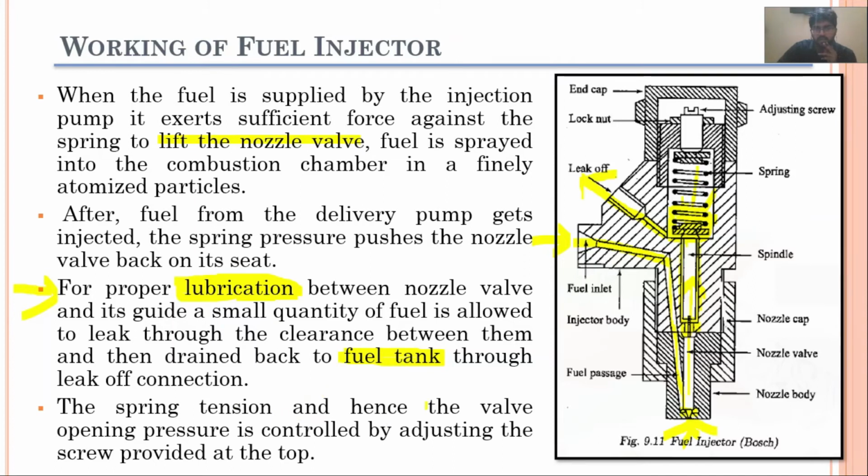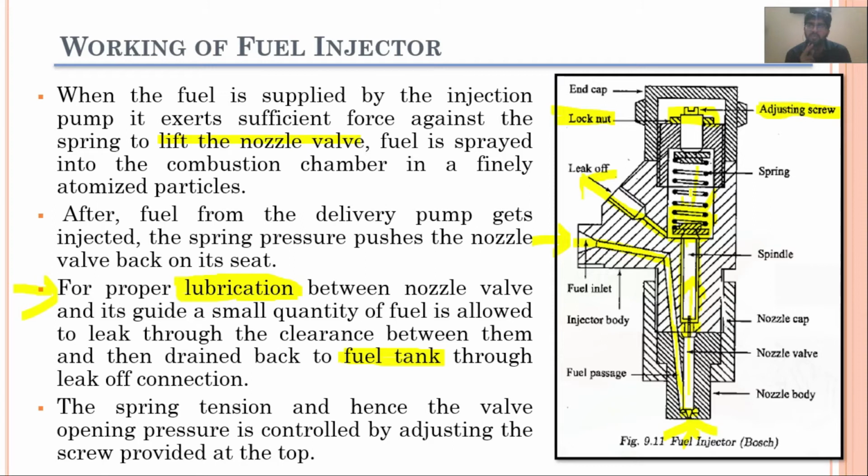The spring tension, and hence the valve opening pressure, is controlled by adjusting the screw provided at the top. I have already mentioned that with the help of this adjusting screw and lock nut we can adjust the amount of force which this spring will be exerting on the nozzle valve.